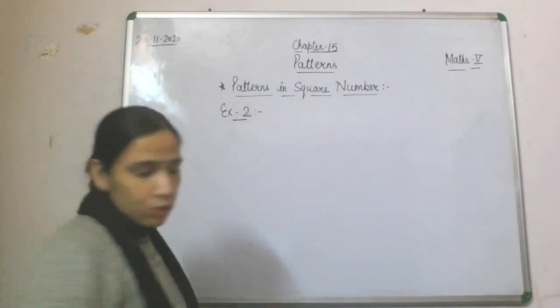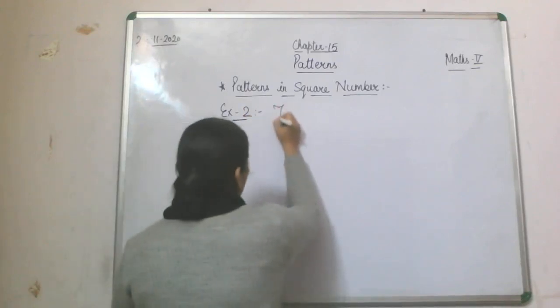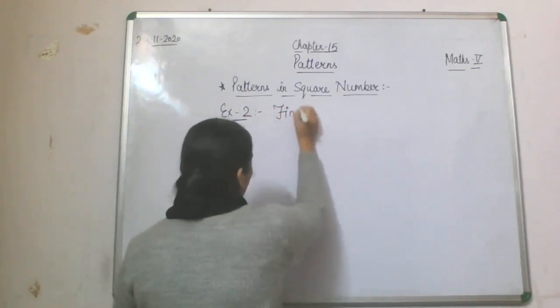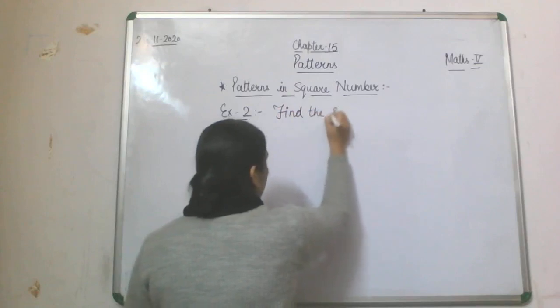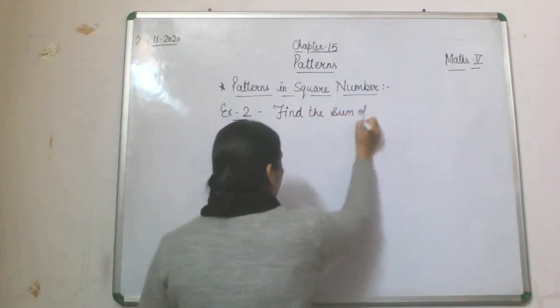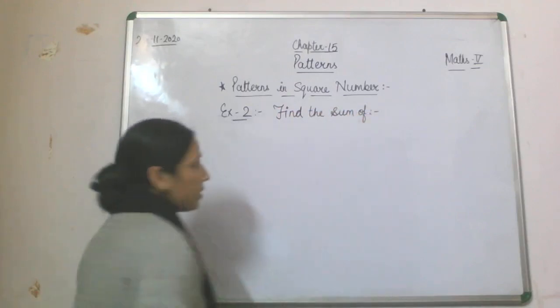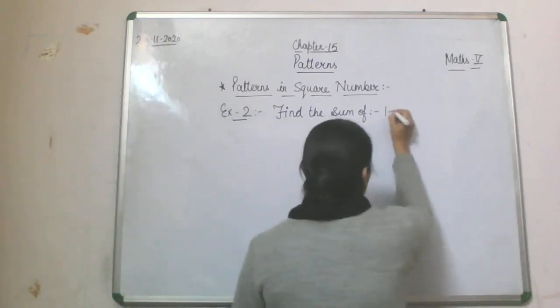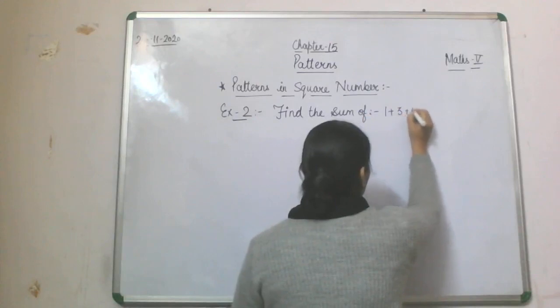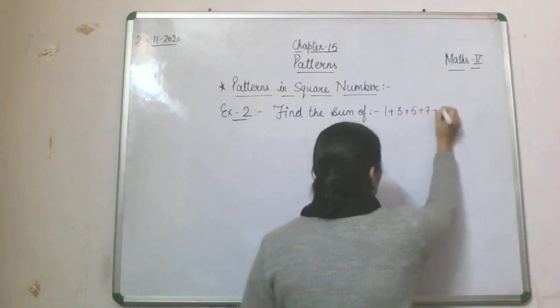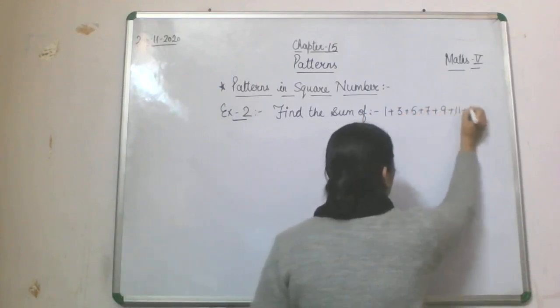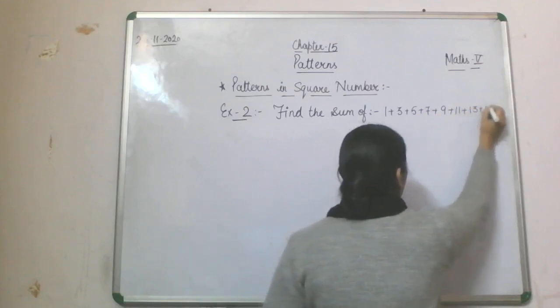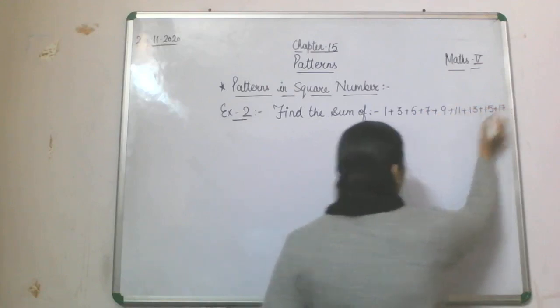That without actual addition, find the sum of 1 plus 3 plus 5 plus 7 plus 9 plus 11, 13, 15 plus 17.